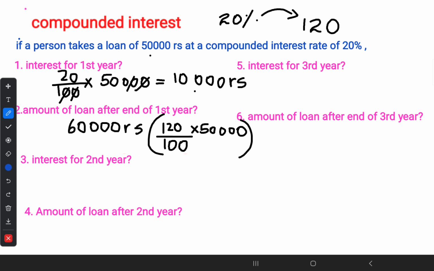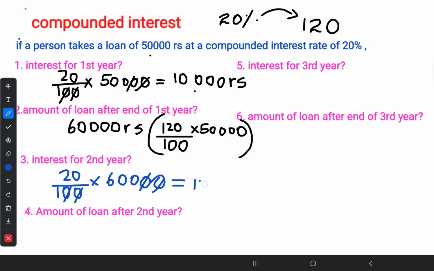Likewise, interest for the second year. So here also is an important point. 20 over 100, this is the interest percentage. But the interest for the second year means you should include this 60,000, not the 50,000. So 60,000 is the amount at the beginning of the second year. So we have to find the interest for this one.